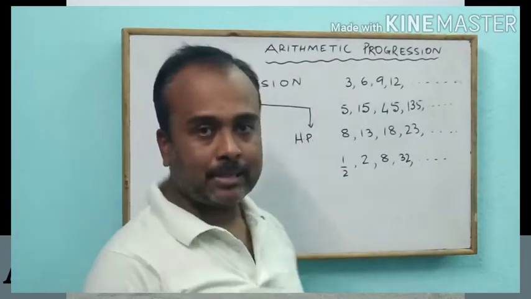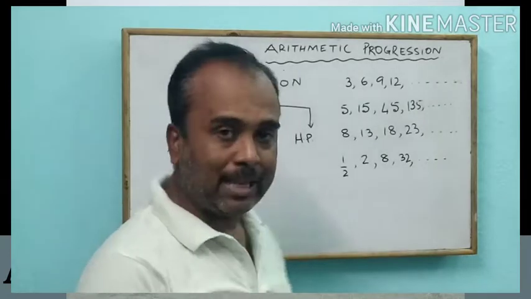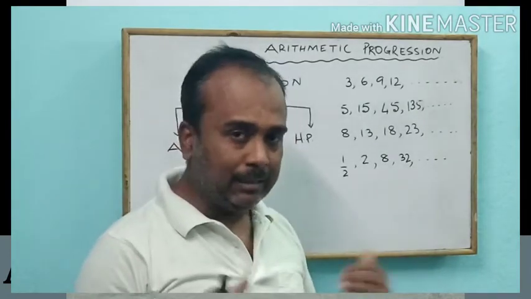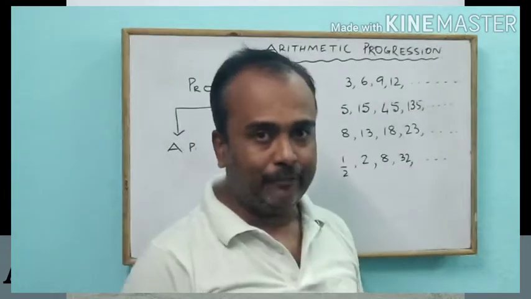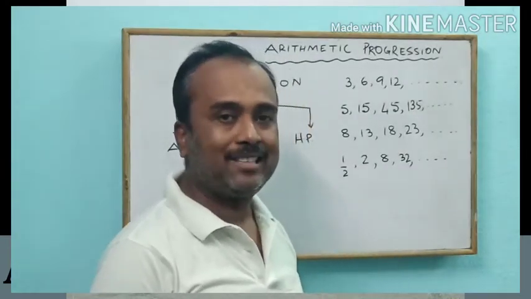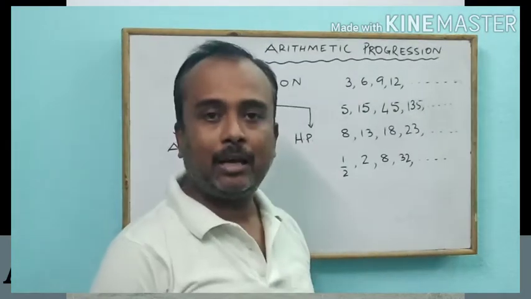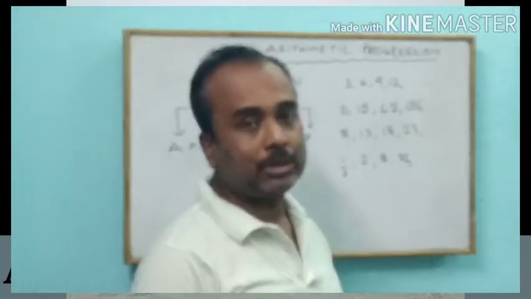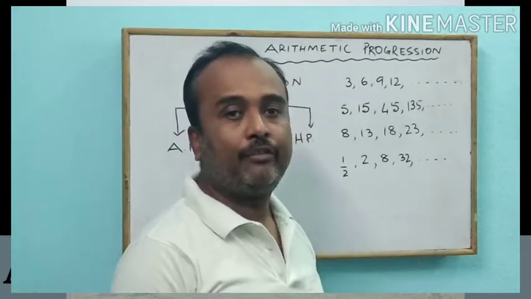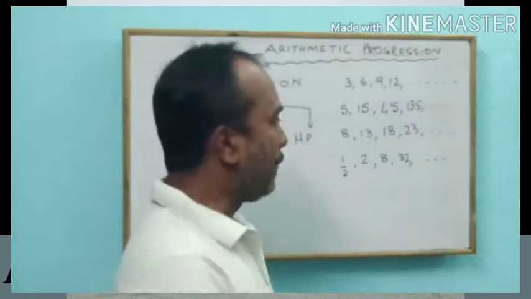So today's video is on arithmetic progression, and what we have in the ICSE syllabus is to find out the nth term of an arithmetic progression and how to sum up a given set of numbers in an arithmetic progression.